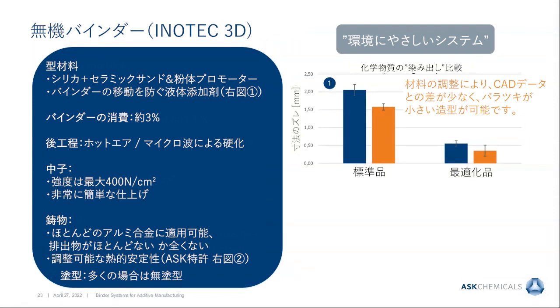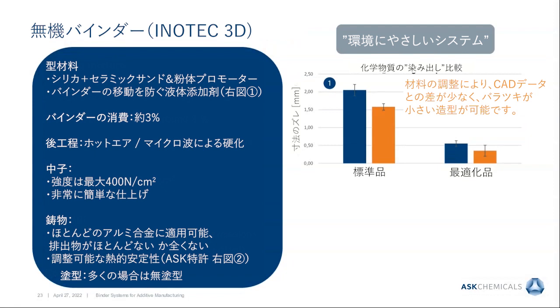And like Novaset RP, the parts are very easy to finish. In regard to casting, this system is mostly suited for aluminum casting, and it provides the great benefit of no to very low emissions in the casting process.